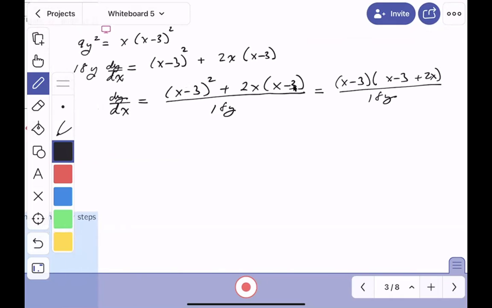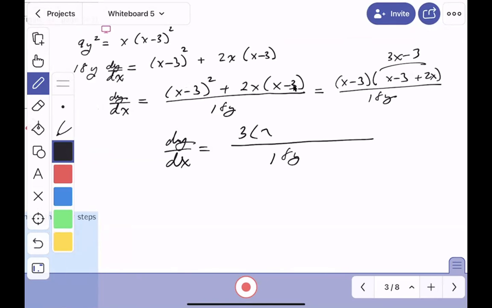I know it's a lot of work. We're not saying it's not a lot of work. Our goal is to encourage the work though. So 18y, and on top, this is 3x minus 3. I'm going to factor a 3 out, so you would get (x minus 1)(x minus 3), and I have to square that, right? But before I do that, I notice that this cancels to a 6.